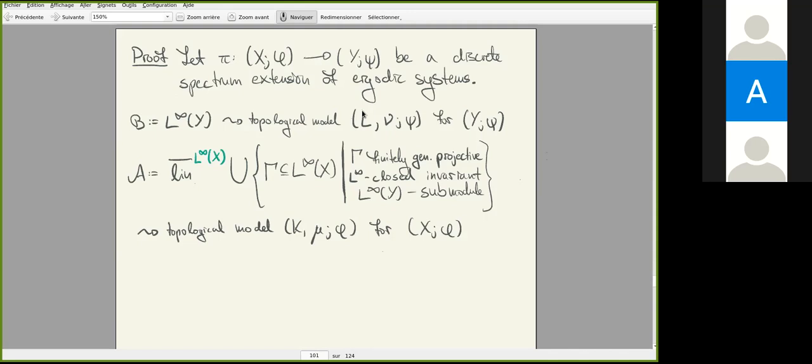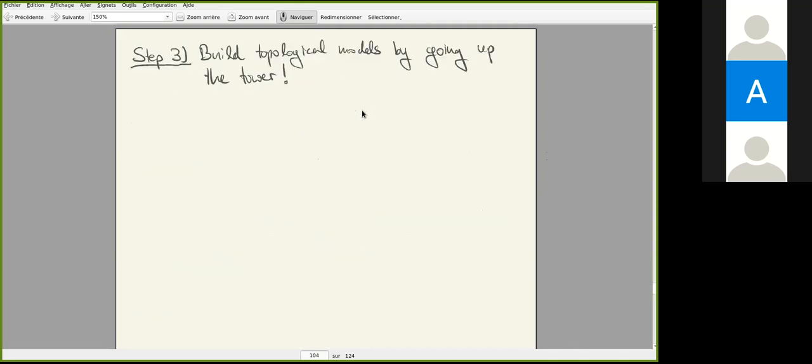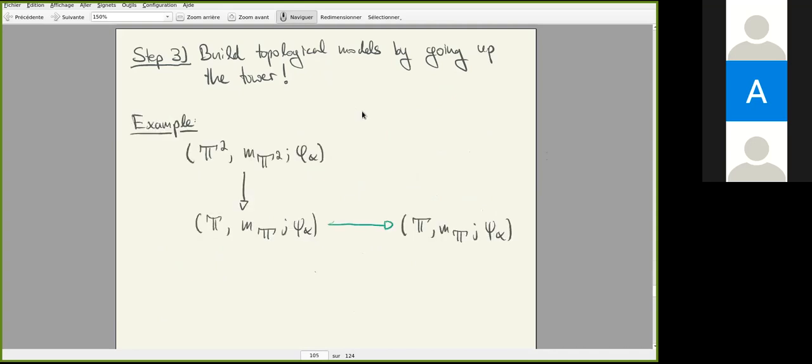Now let me go back. Okay. So, and now the last step. We now just need to fit everything together and build topological models by going up the tower. So let's go back to our foundational example. We have the skew rotation, and we regard it as a measure preserving system.